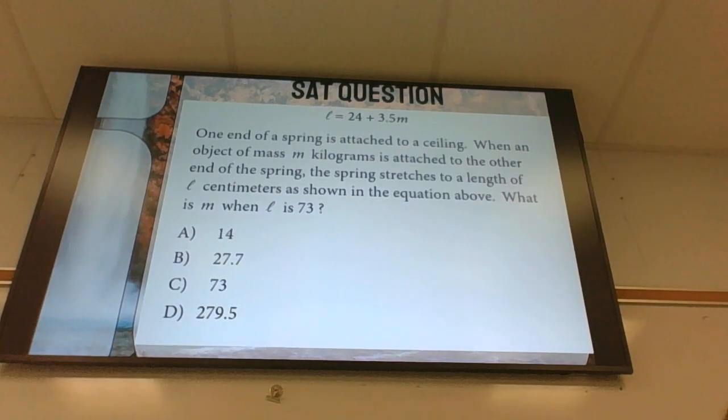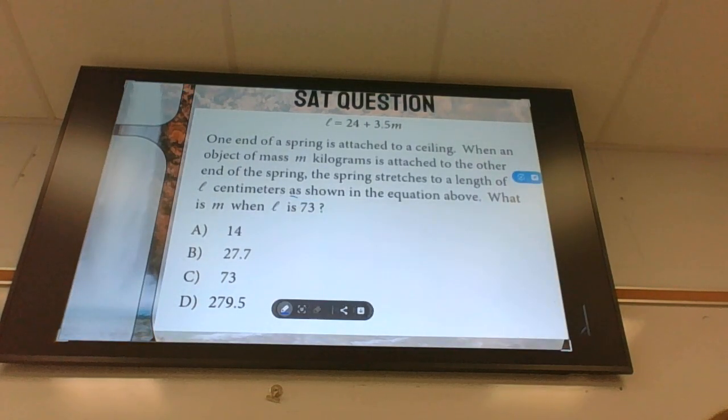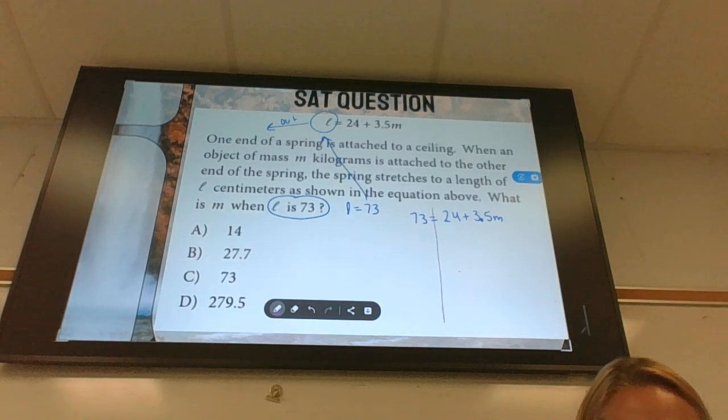Yeah, we think it's A. So on your quiz today, it's required to show work. This says that L is 73, so I'm going to take this L out and I'm going to put 73 in. That's the great thing about multiple choice, is you can just plug in and see which one works.